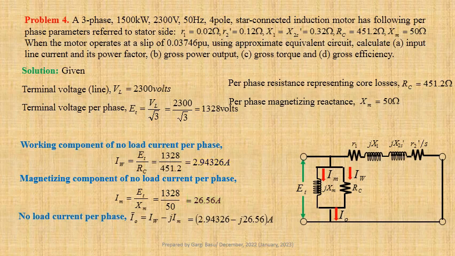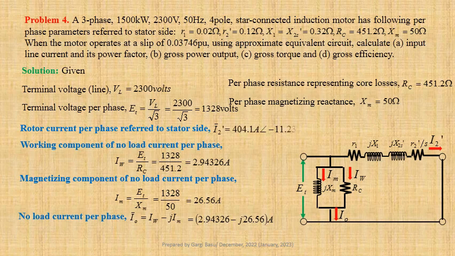We have determined rotor current per phase referred to stator side I2 dash equals 404.1 ampere at an angle minus 11.23 degree. This may be written in Cartesian form as 396.36283 minus J times 78.69765 ampere.